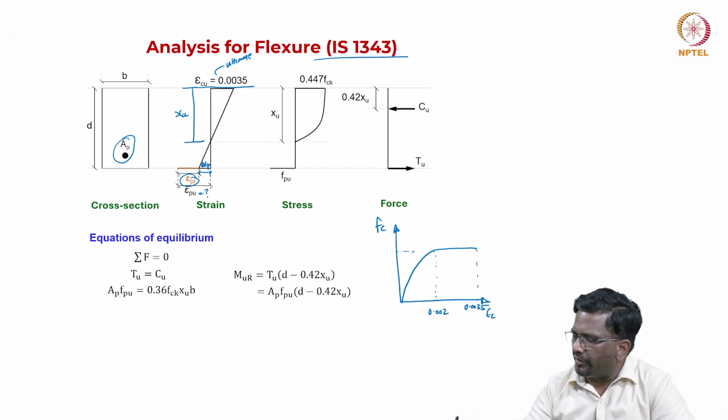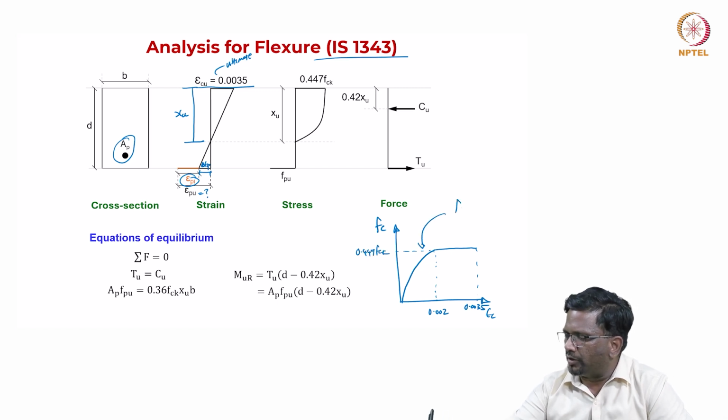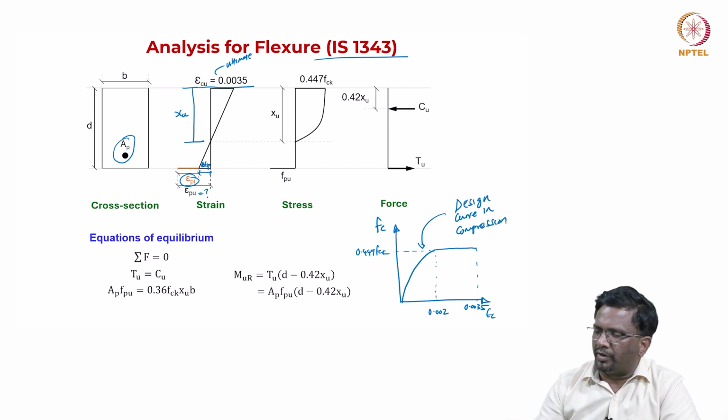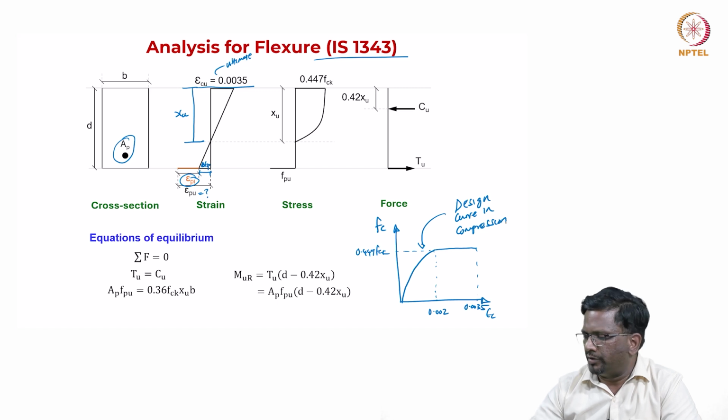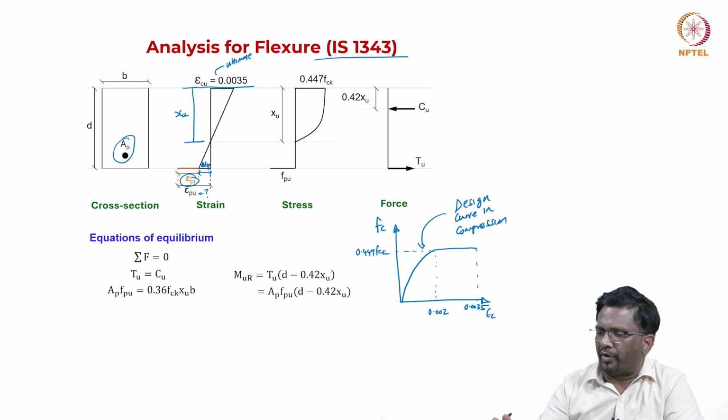Now, what is this value? This value is 0.447 fck. So, this is the design curve in compression, right. That is what we are using. All we have done is rotated this curve by 90 degrees and we are plotting it here, right. Somewhere here, this is 0.002, and this remains constant, I should say.